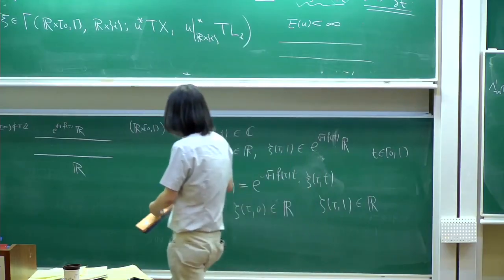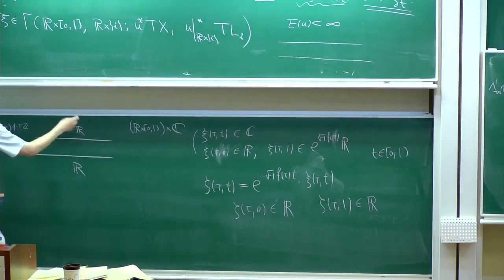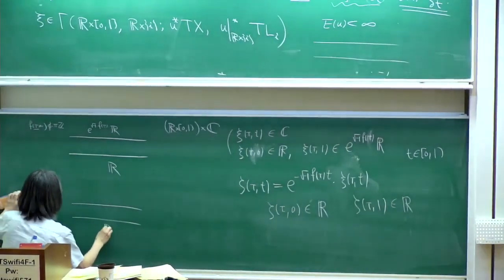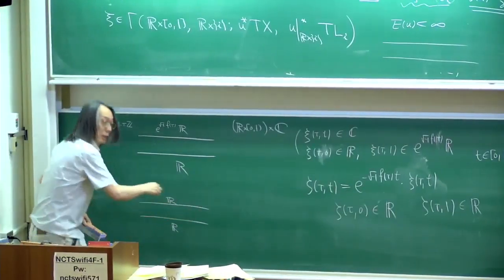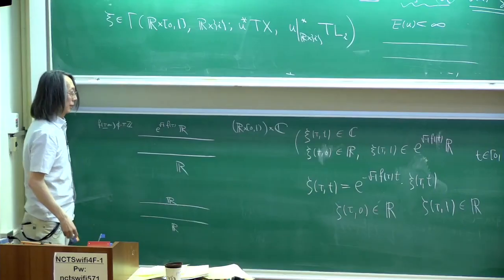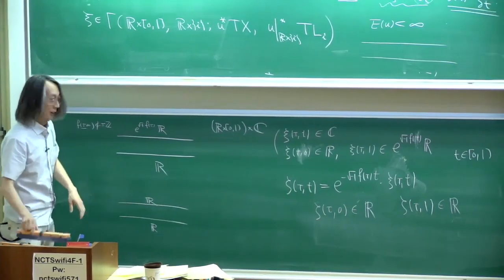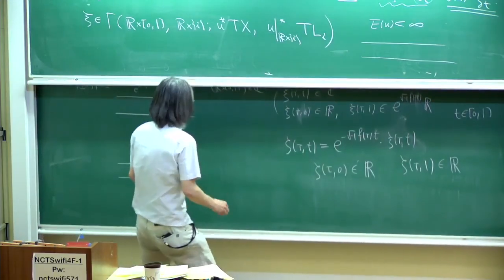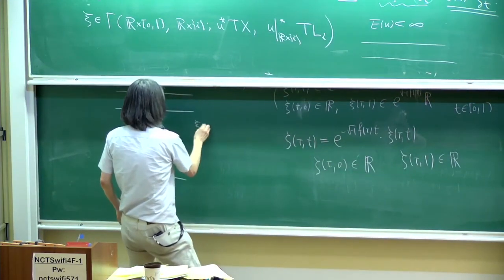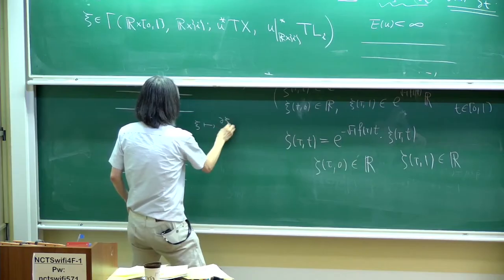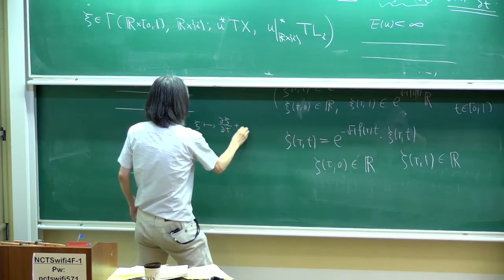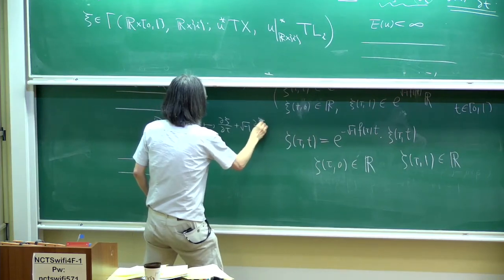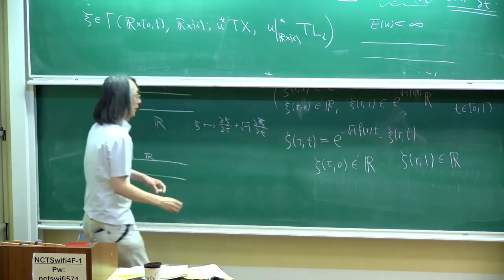So now I can convert this boundary value problem to just a boundary problem for this. And then just write down the equation. So for psi, I consider an equation like d psi d tau plus square root minus 1 of d psi dt.